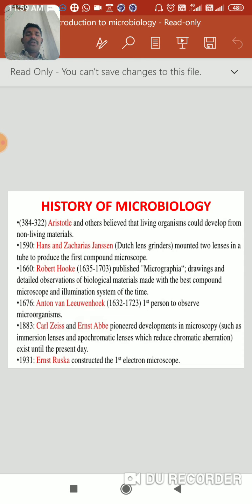In 384 to 322 BC, Aristotle and others believed that living organisms could develop from non-living things. In 1590, Hans and Zacharias Janssen mounted 2 lenses in a tube to produce the first compound microscope. Later, Robert Hooke published microscopic drawings and detailed observations of biological materials made with the best compound microscope and illumination system of the time.